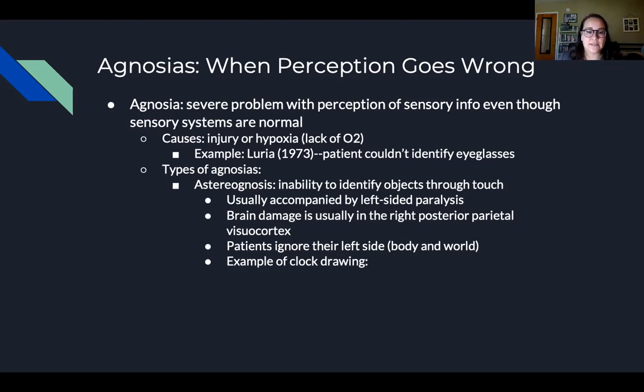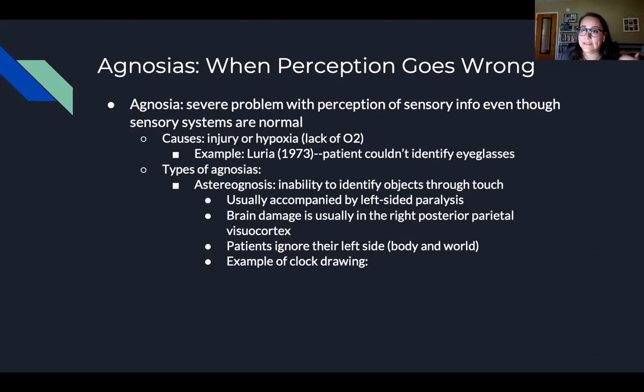And so there's a neuroscientist, Luria, in 1973, he wrote about a case report of a patient who, upon seeing a pair of glasses on his desk, first identified, well, there's this circle of one of the lenses, and then he identified, oh, there's another circle over here, and then he saw this crossbar between the two circles.